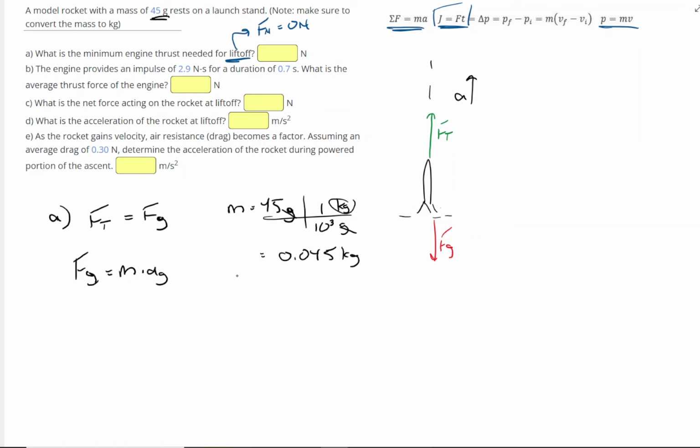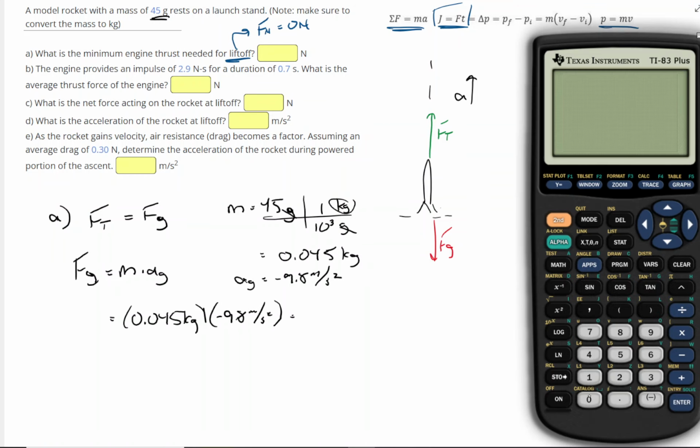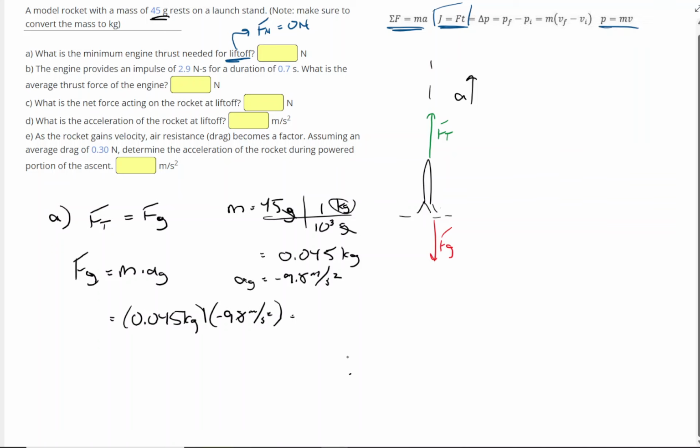And we know that the acceleration due to gravity is downward at 9.8 meters per second squared. And so I know that the force of gravity is going to be 0.045 kilograms times the acceleration due to gravity, 9.8 meters per second squared. So I'm going to take 0.045 and multiply by 9.8, and I get the weight, which is 0.441 newtons.